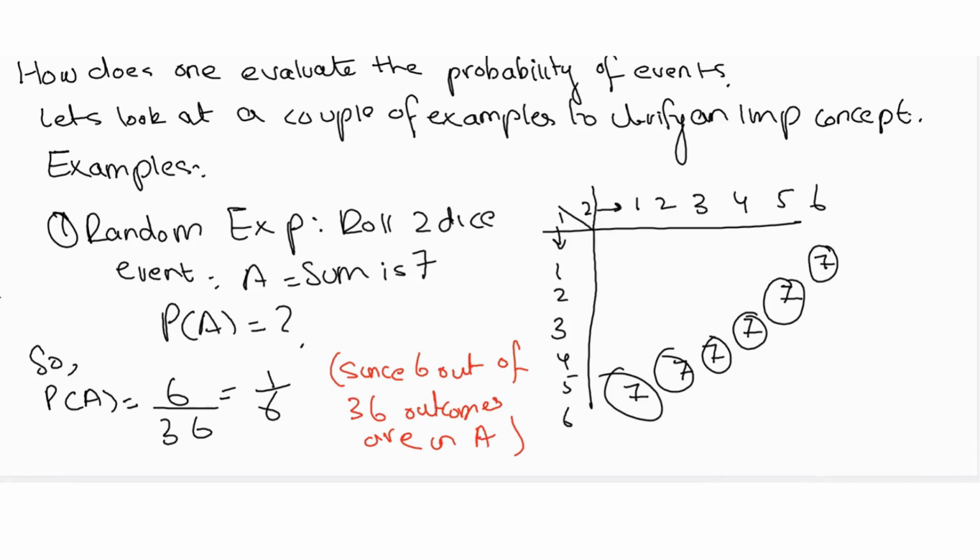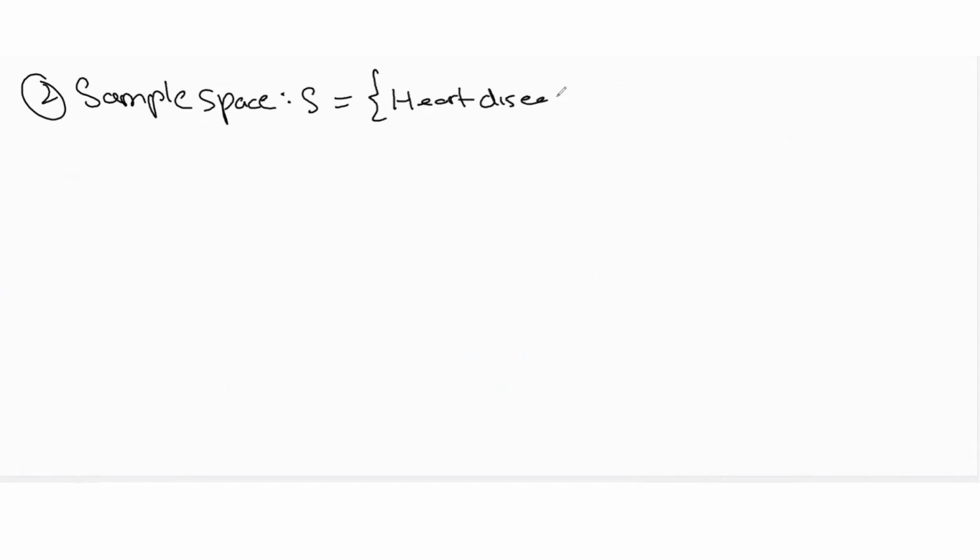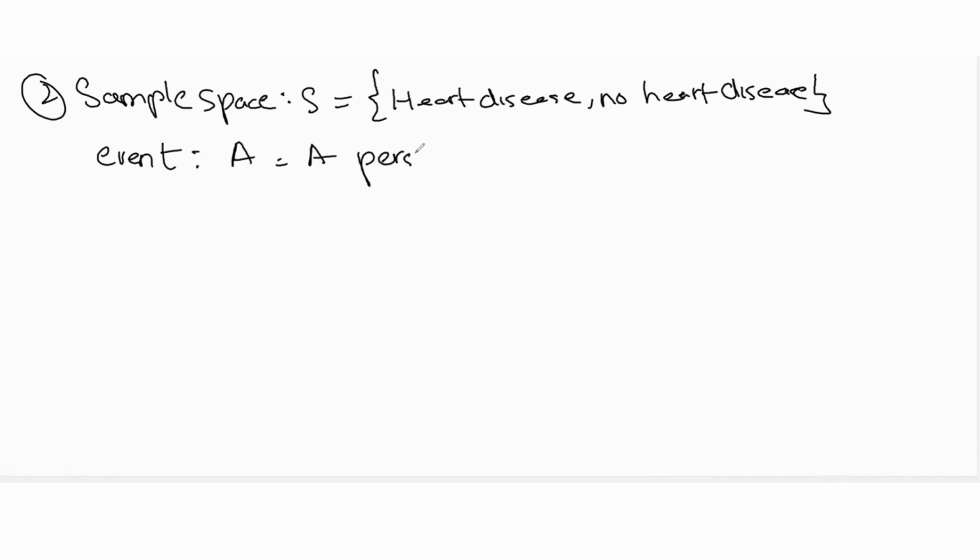Now let's look at another example. Let's say the sample space is heart disease, no heart disease, right? So a person will either have a heart disease or have no heart disease. And let's say we define this event A as a person has heart disease.